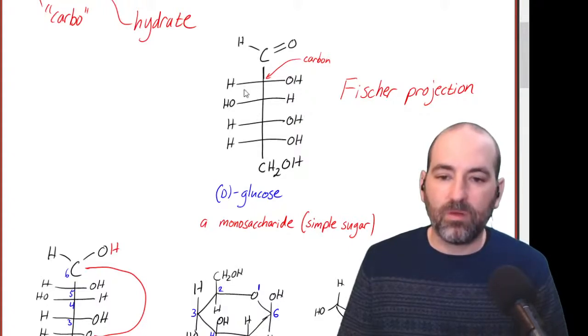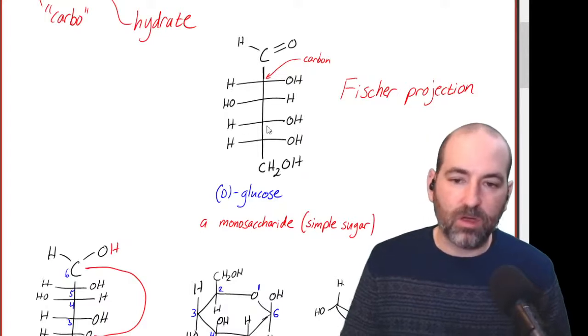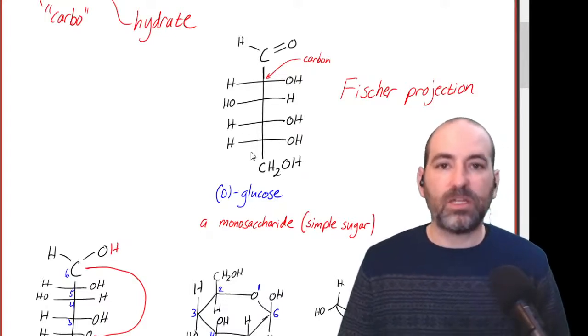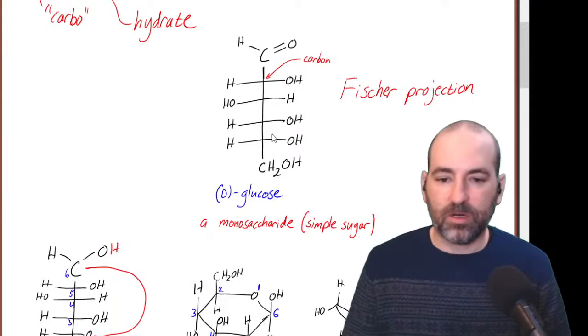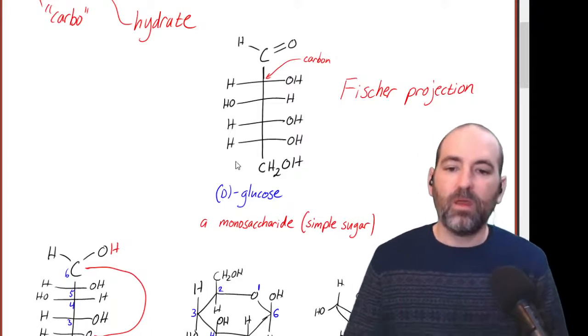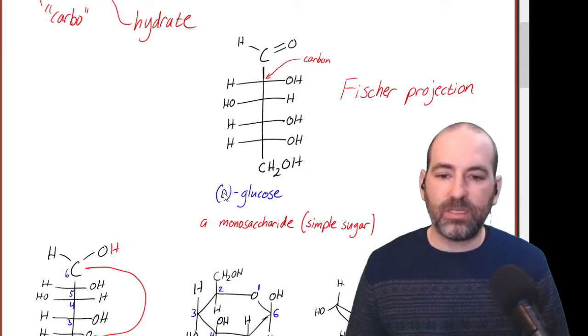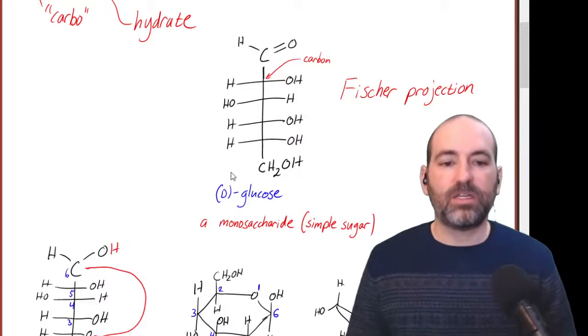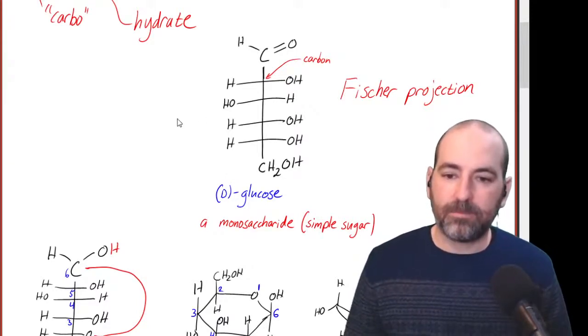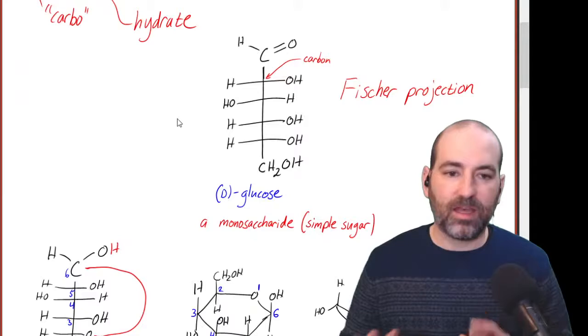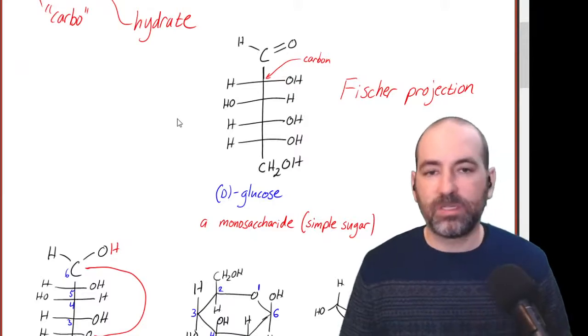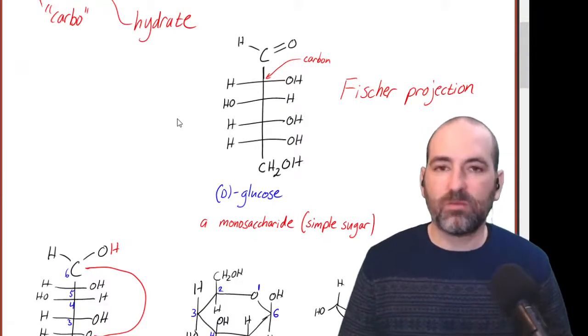It actually changes the sugar that you're looking at, whether the OH and the H are on the left or the right. So this is glucose, but if we switch those OHs and Hs, we actually get a different sugar, a different molecule. Sugars are known as either D or L, which is an indication of their left and right handedness, and specifically what they do when light shines through them in a particular instrument.